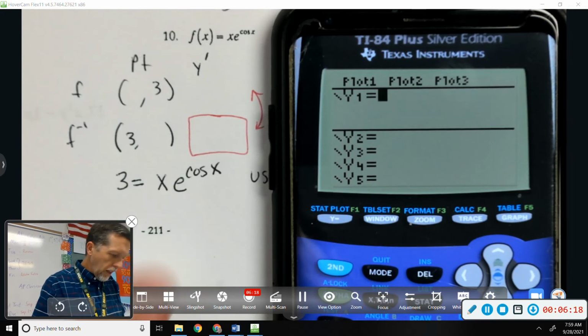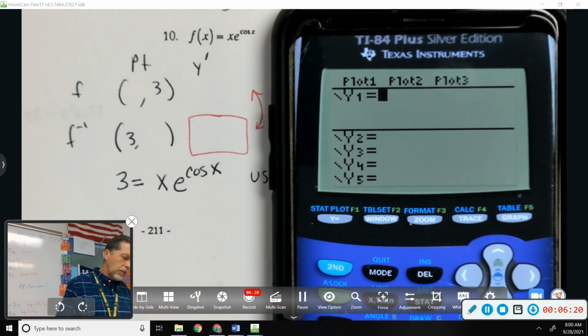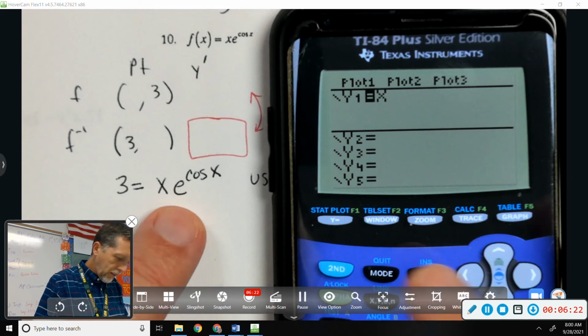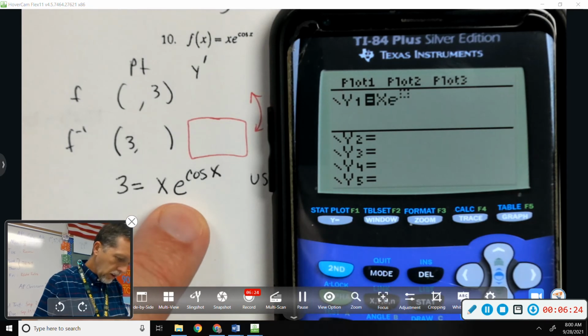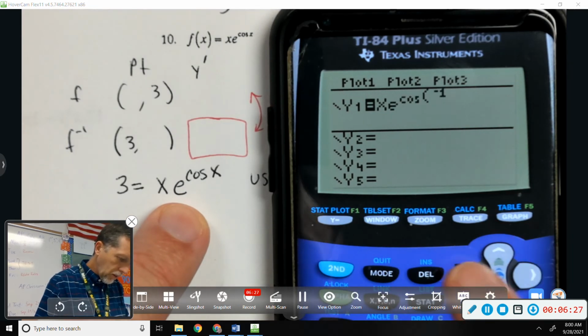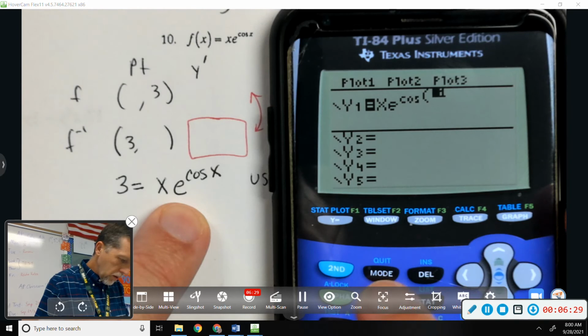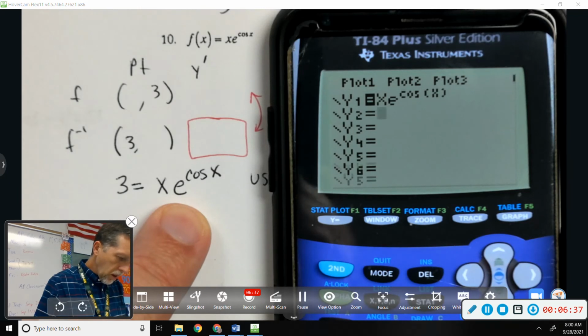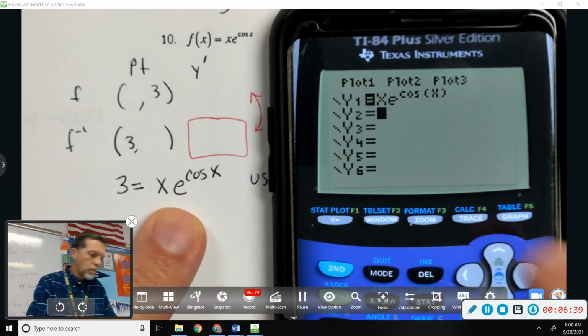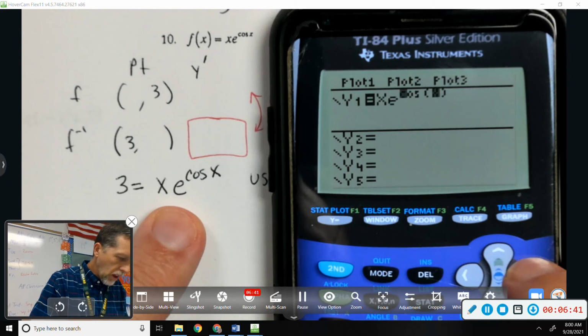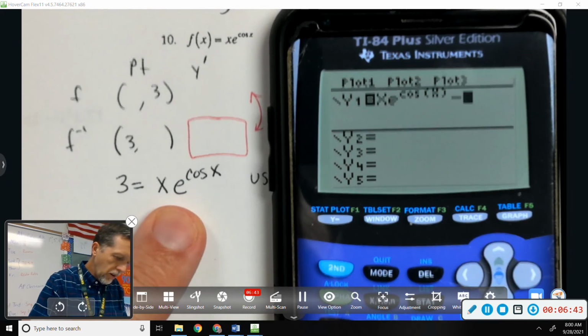So I think what I would do is make it equal to 0. So x e to the cosine x, minus 3. And I want to know where that's equal to 0.